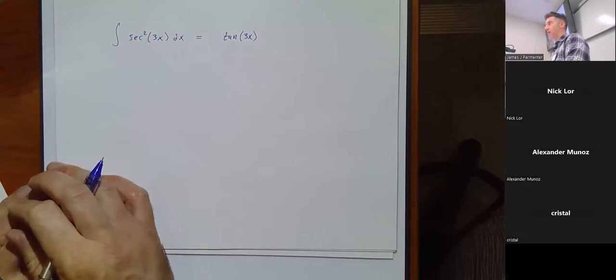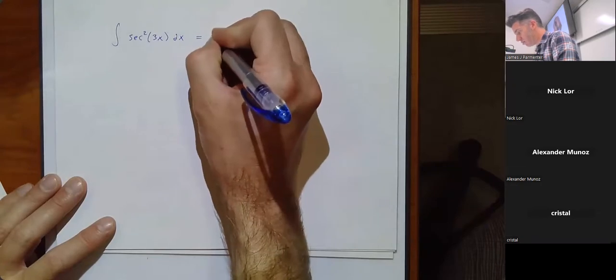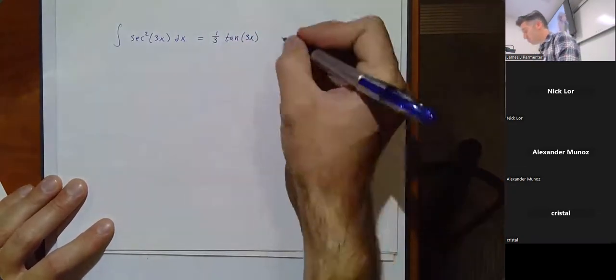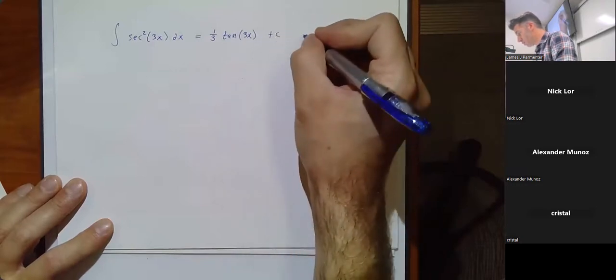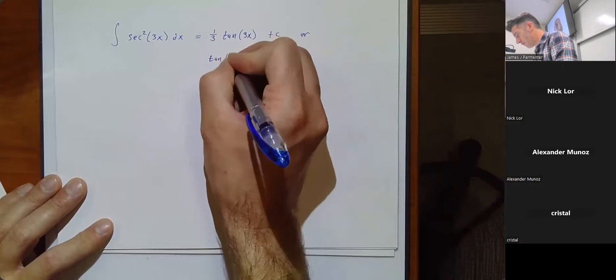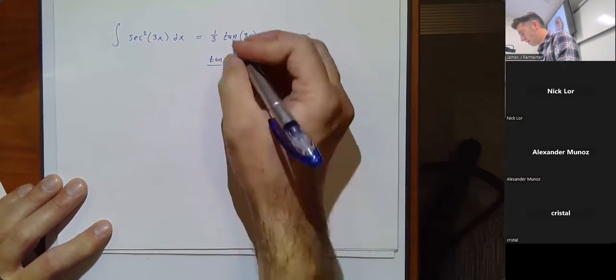But what do I need? I need to multiply by 1/3 or divide by 3, whatever you want to say. Right? You can write it like this, or you can write it as tangent of 3x divided by 3. Either way is correct.